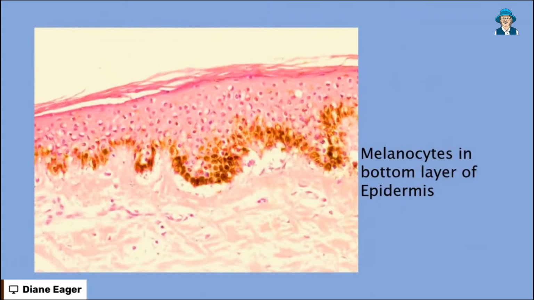So the melanocytes sit there next to the keratin-making cells as the keratin-making cells are reproducing. And the melanocytes make melanin, and then they export it to the keratin-making cells. So in this piece of skin here, you can see where the melanocytes are, because in this person, they are very, very active.